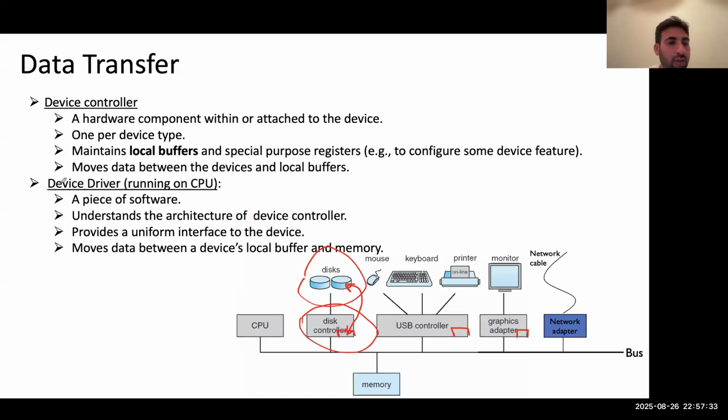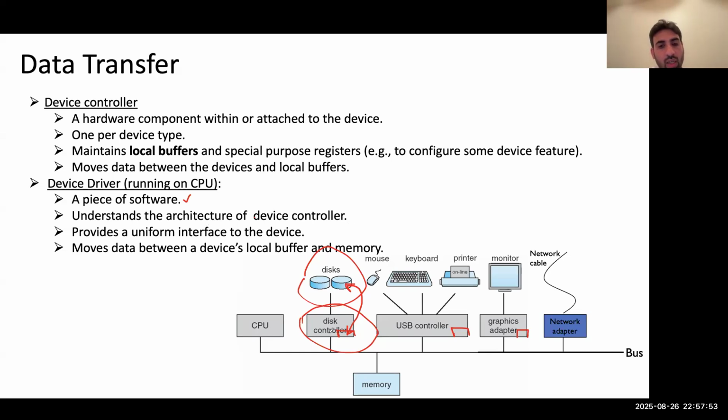On the other hand, a device driver is a piece of software running on the CPU. Definitely, if it's a piece of software, it must be executed on the CPU, right? The important characteristic of a driver is that it understands the architecture of the device controller.